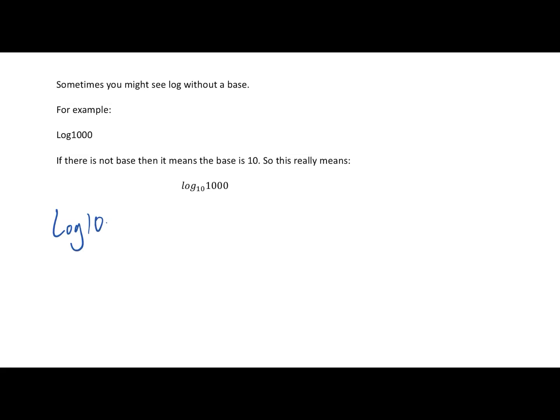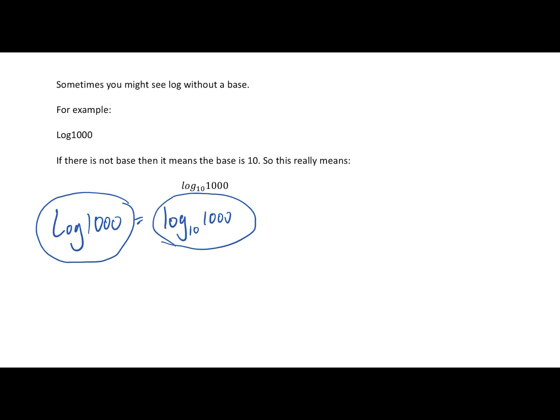Now, sometimes you see a situation where you don't have a base written. Log 1000. If you don't see a base written, it means that the base is 10. So that is the same as log base 10 of 1000. We never write this. We just write this, but it's what we mean. So what is that equal to?